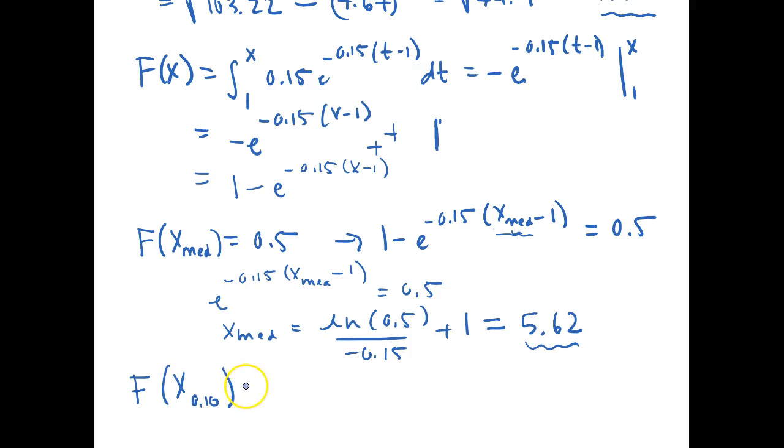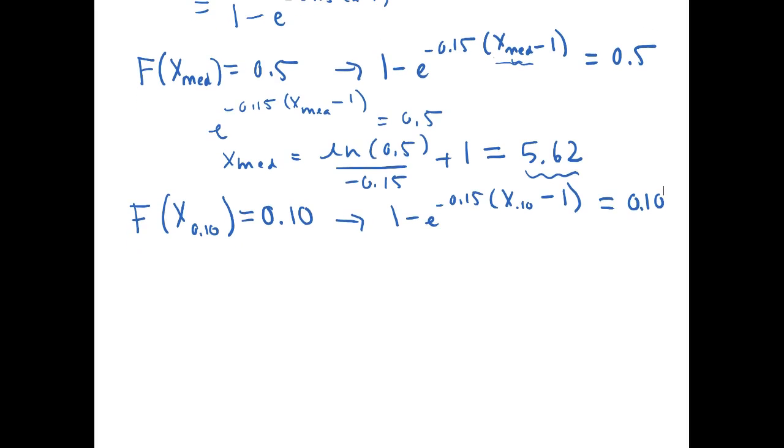All right, so now if we want to find the 10th percentile, x of 0.10, we've already laid down the groundwork. This is by definition equal to 0.10. So this implies that 1 minus e to the negative 0.15 (x of 0.10 minus 1) should be equal to 0.10. If we manipulate this, we get e to the negative 0.15 (x of 0.10 minus 1) is equal to 0.90.